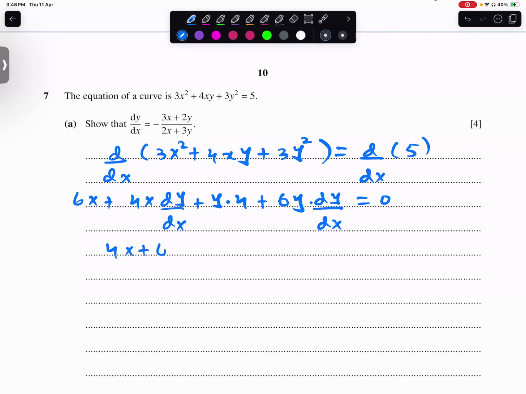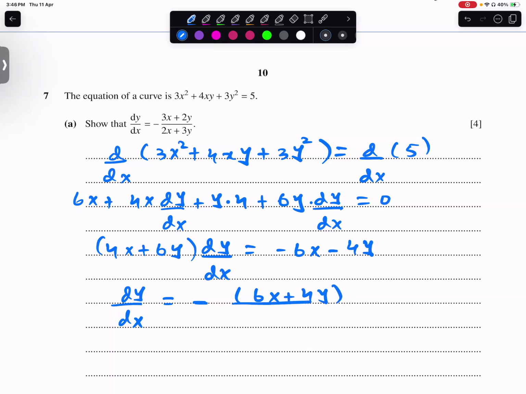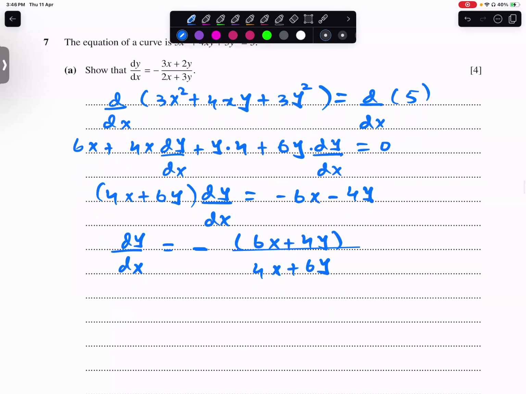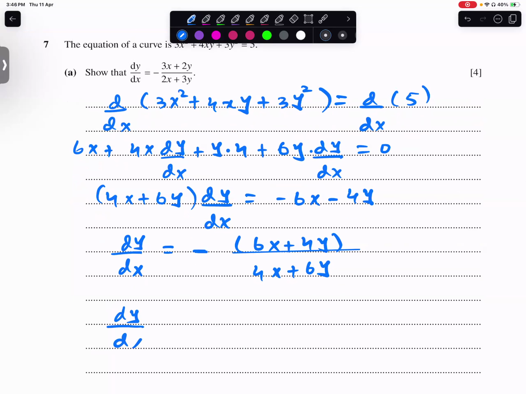Now let's make dy by dx the subject. So 4x plus 6y, take dy by dx common and bring everything on the right side. So minus 6x minus 4y, dy by dx is equal to, let's take minus common. So 6x plus 4y divided by 4x plus 6y. Also take maximum things common from the numerator and denominator. So I can also take 2 common.